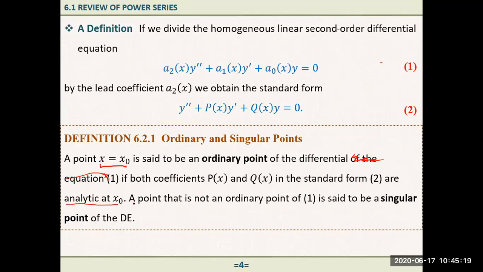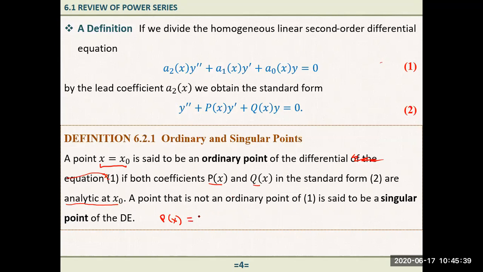It says that both coefficients, p of x and q of x in the standard form, that means after we bring it to the standard form, are analytic at x sub 0. This simply means that p of x has a power series representation about this point.